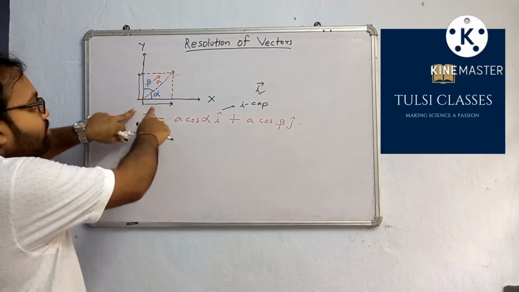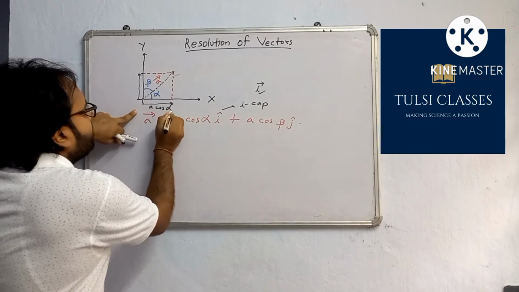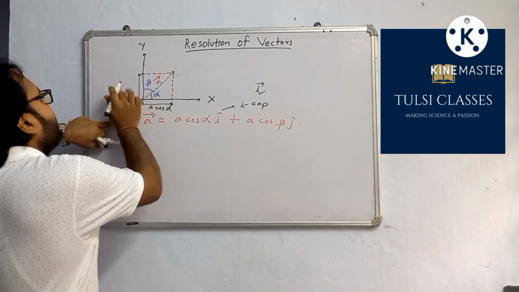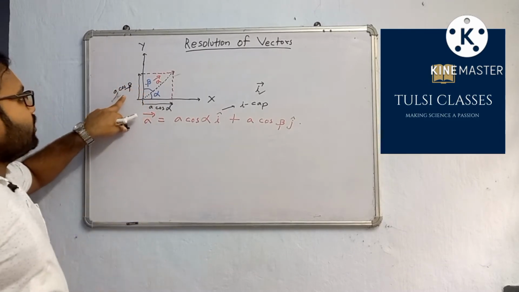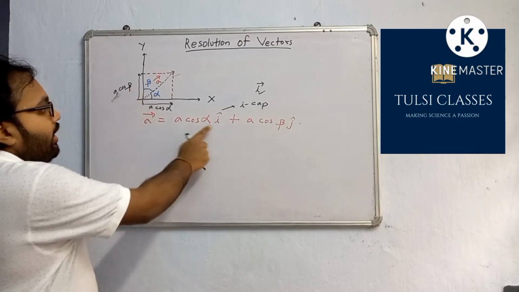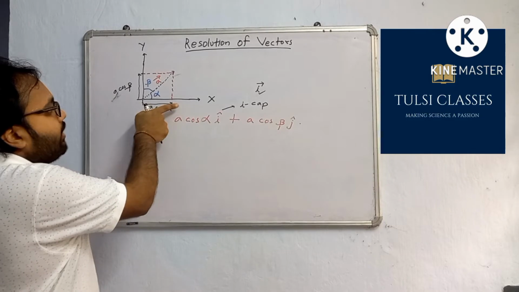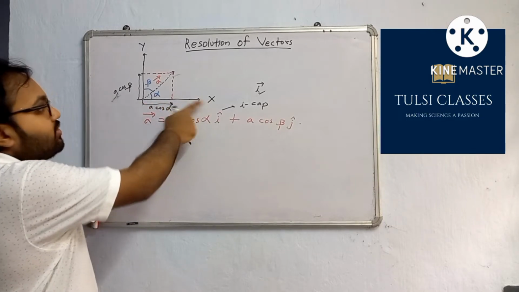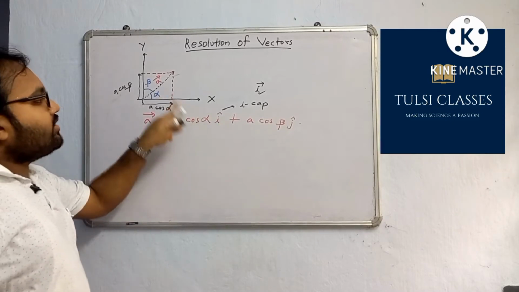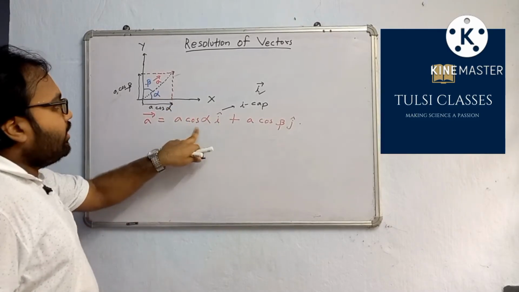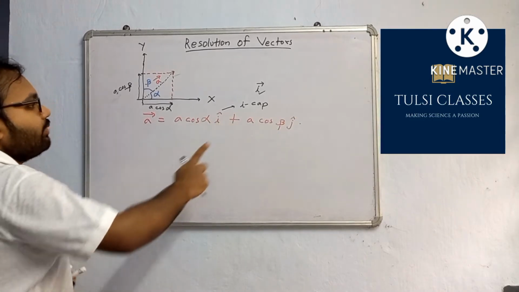I am talking about magnitude. The direction of A cos alpha is the I cap direction, that means positive x-axis, and A cos beta is in the positive y-axis. So basically this is addition of vectors only, in the reverse direction: A cos alpha I cap plus A cos beta j cap.